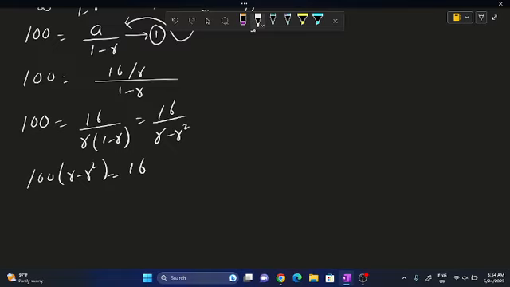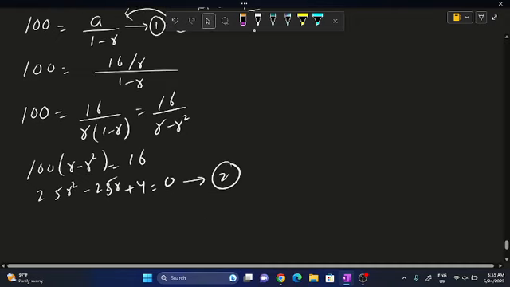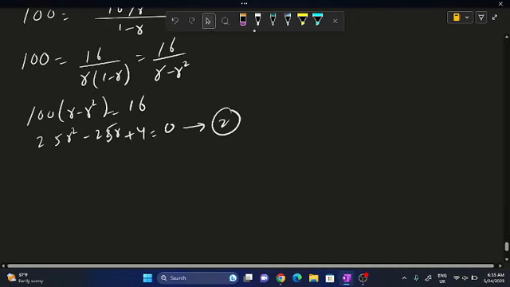It can be simplified further and written as 25r squared minus 25r plus 4 equals 0. I just simplified 16 with 100 and multiplied the terms inside. That is equation number 2: 25r squared minus 25r plus 4 equals 0.